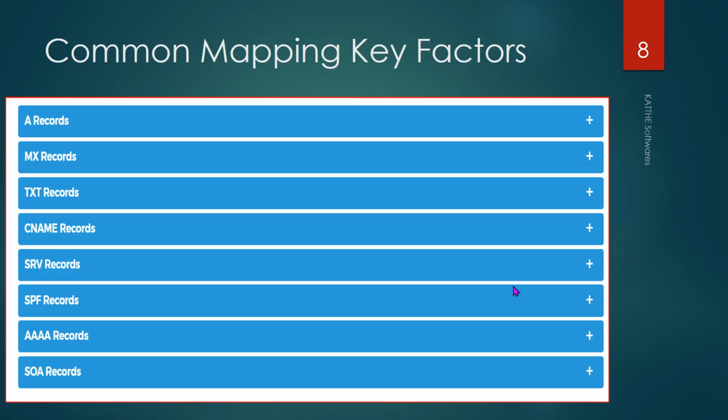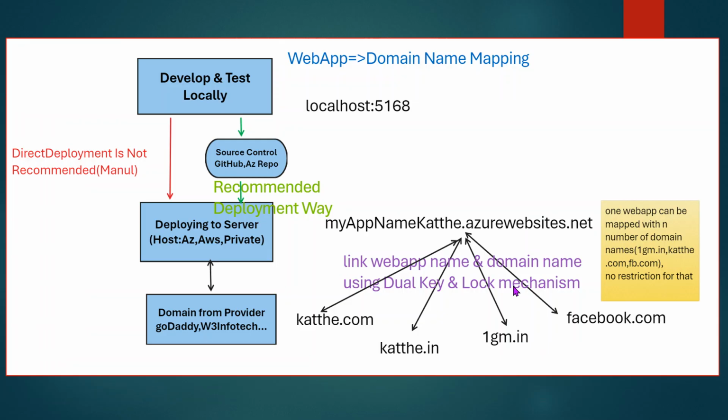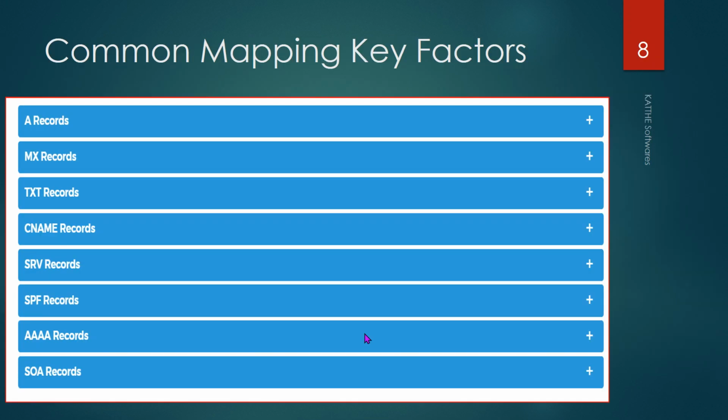You need to map the A records, CNAME, TXT records. Each domain will have www and without www differences. You can handle HTTPS, and one hosting can be mapped with 100, 500 names. As we checked, Microsoft allows up to 500, more than 500 also, I think.